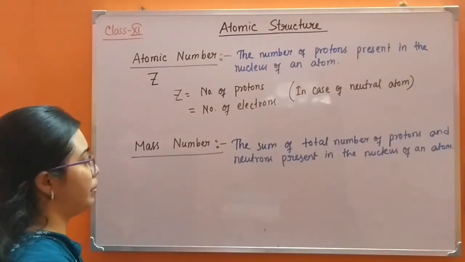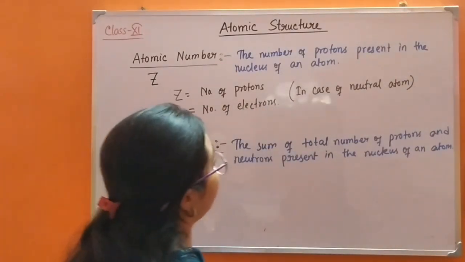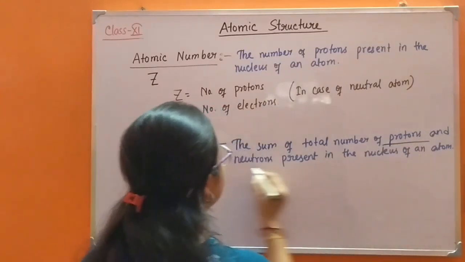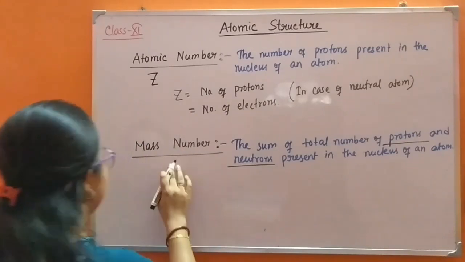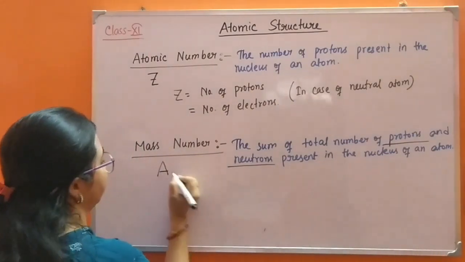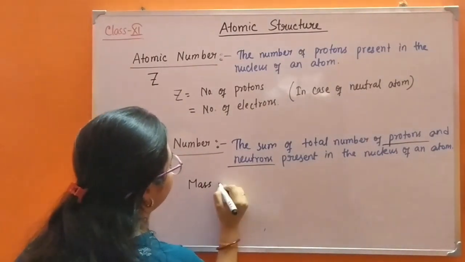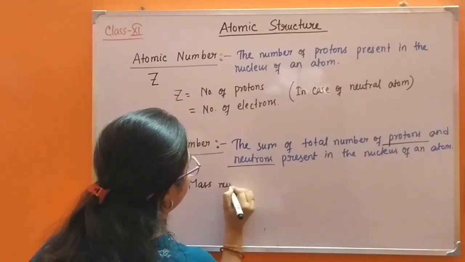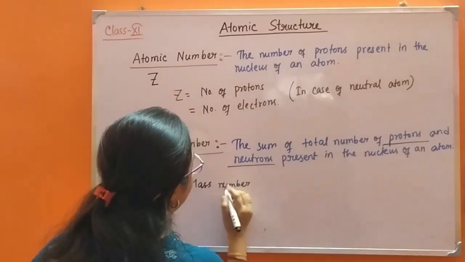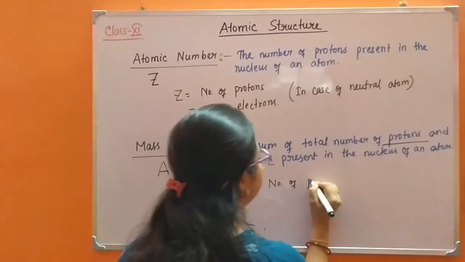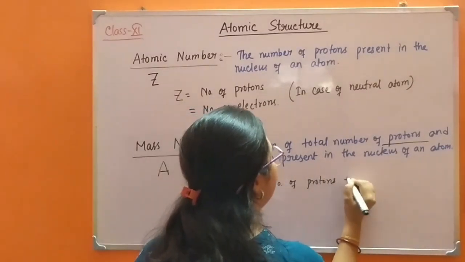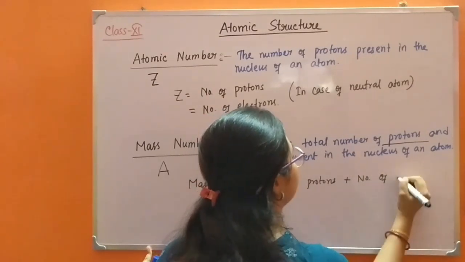Next is mass number. The sum of the total number of protons and neutrons present in the nucleus of an atom is called mass number. Mass number is represented by A, and mass number A equals the number of protons plus the number of neutrons.